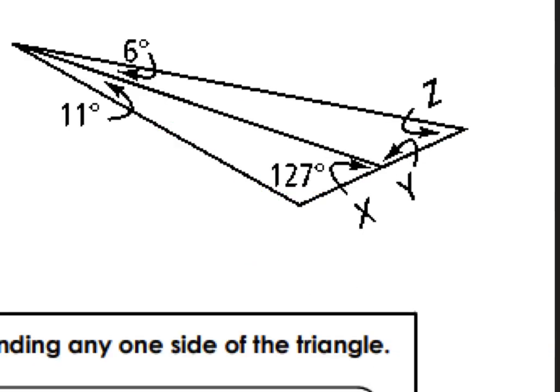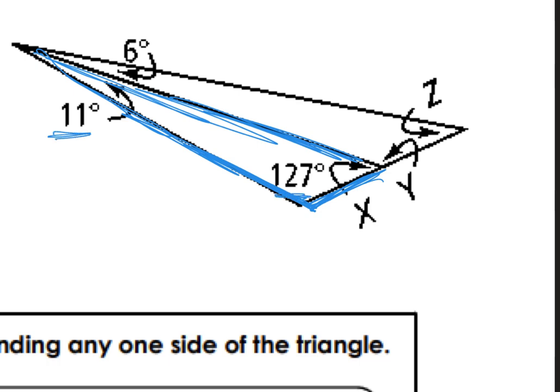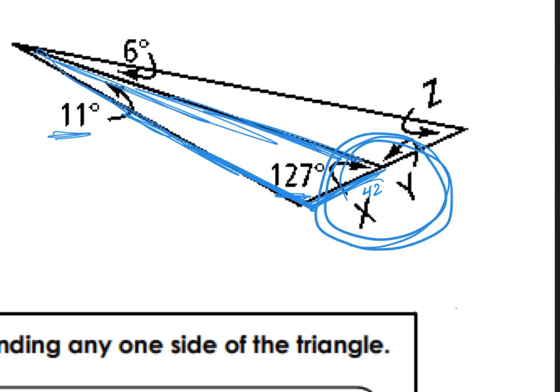Same idea on 10. So the goal is to figure out which triangle do you know 2 of the 3 angles. So in this case, it's the one still on the left, or the bottom, however you want to look at it. We have the 11 and the 127. So when I subtract those 2 numbers from 180, I get x is 42. Now we're going to use this linear pair, and that tells us to take 180 minus 42, and we get 138.